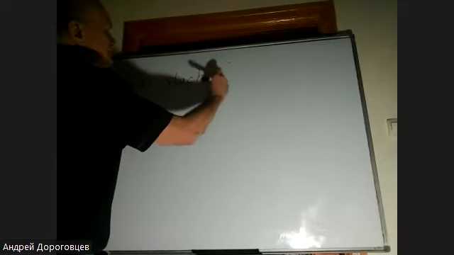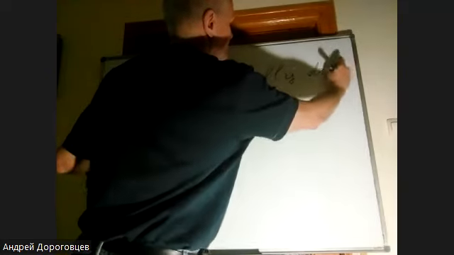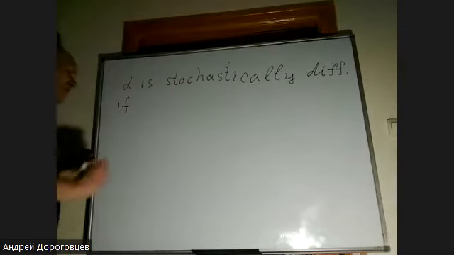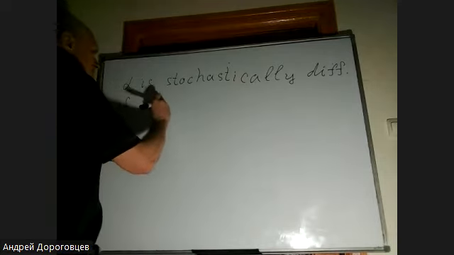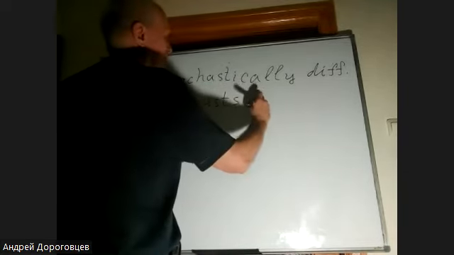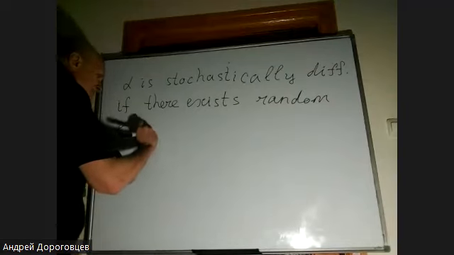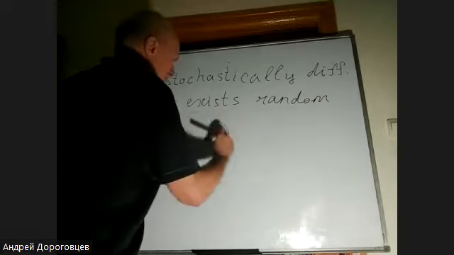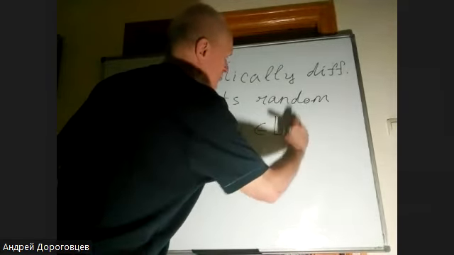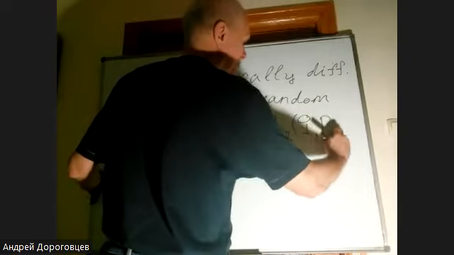I will say that alpha is stochastically differentiable if there exists a random element d alpha which belongs to the space of square integrable random elements, usually denoted by omega pH.